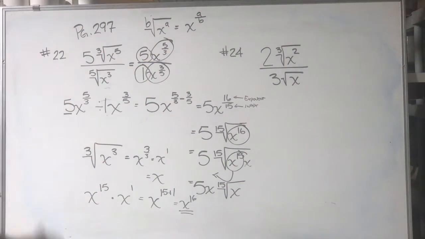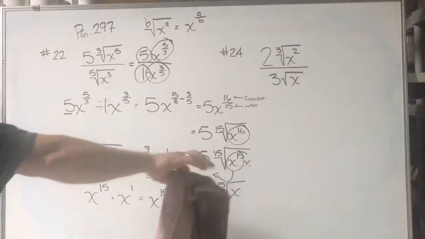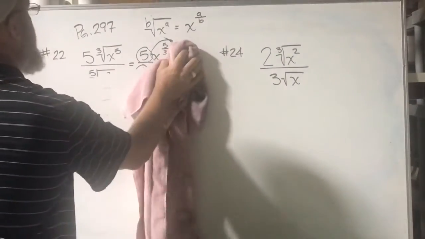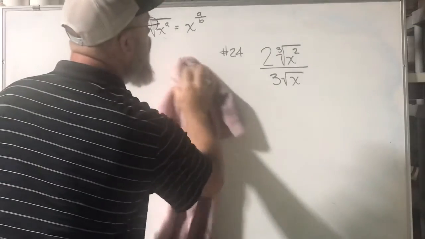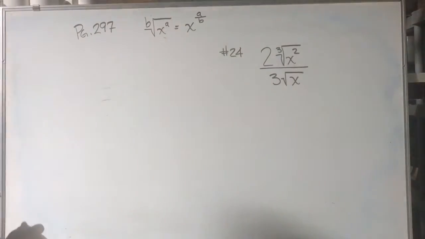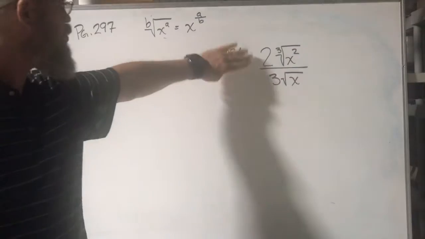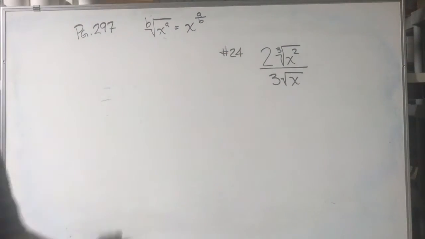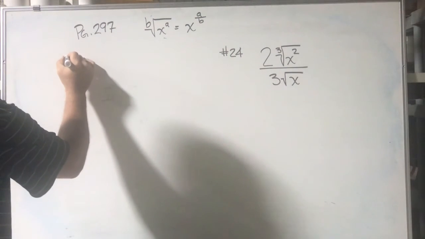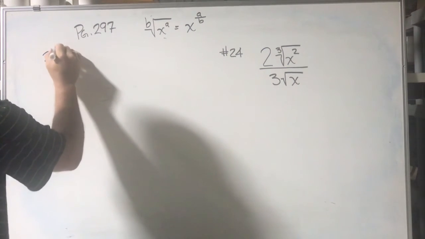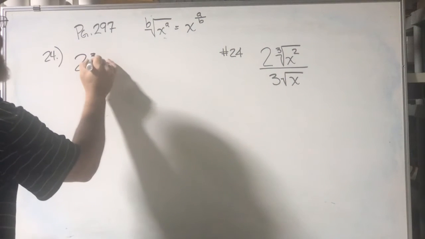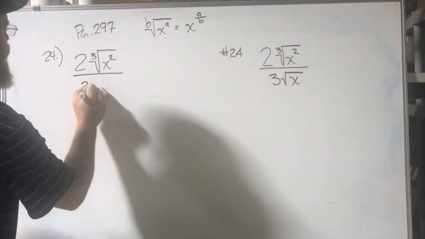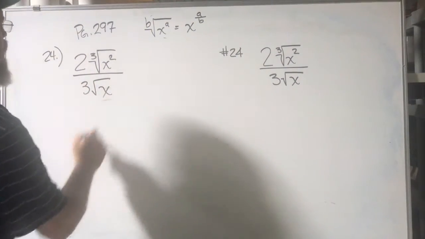So let's use what we just learned there. I'm going to erase this. Let's use what we learned here. So number 24, I've got 2 times the cubed root of x squared over 3 times the square root of x.